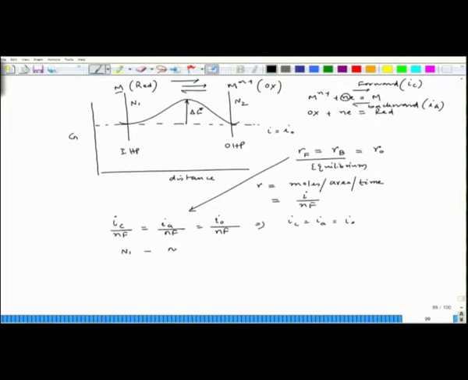N1 is the number of moles per unit area on the metal surface, or rather IHP, and N2 is the number of moles per unit area on OHP, that means the center of the metal ion aligned in front of the metal surface.